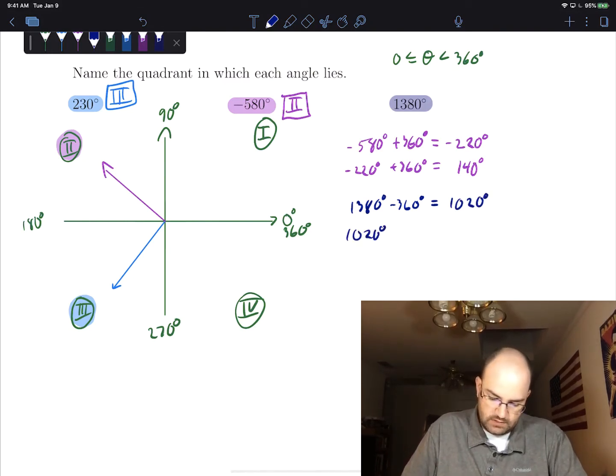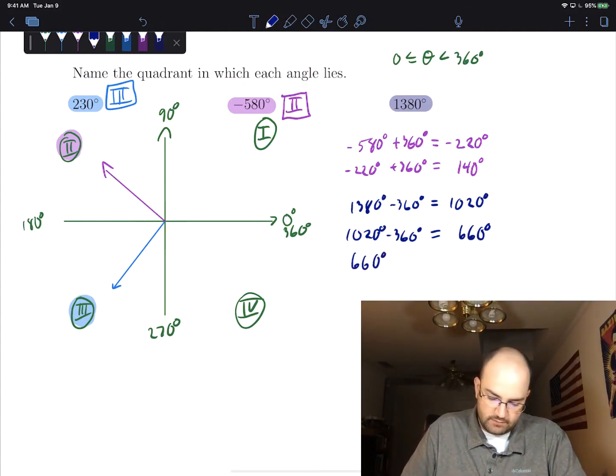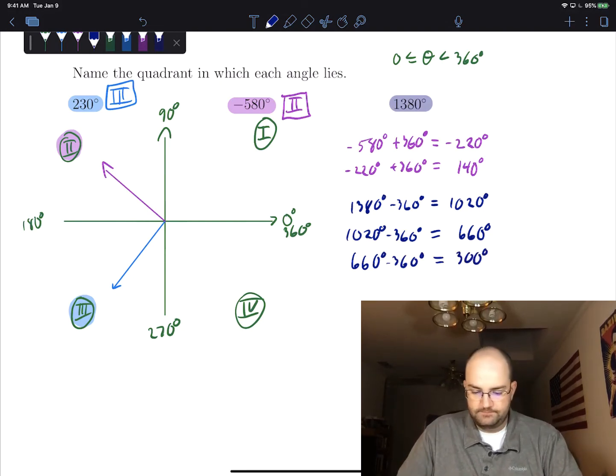But that's not the smallest, because we can subtract off 360 again. And what does that give us? Positive 660? Yeah. Awesome. I can again, however, subtract off another 360 degrees. And if you do so, that gives you 300 degrees.